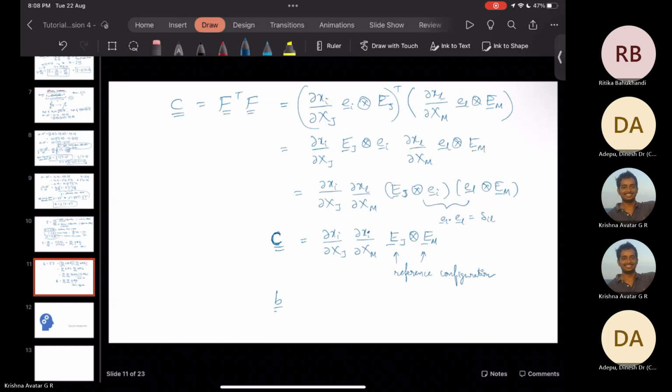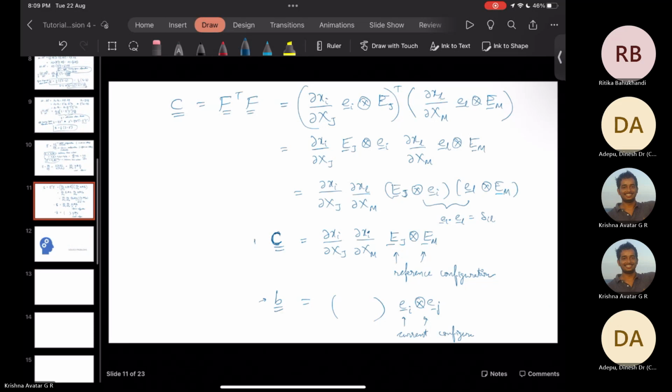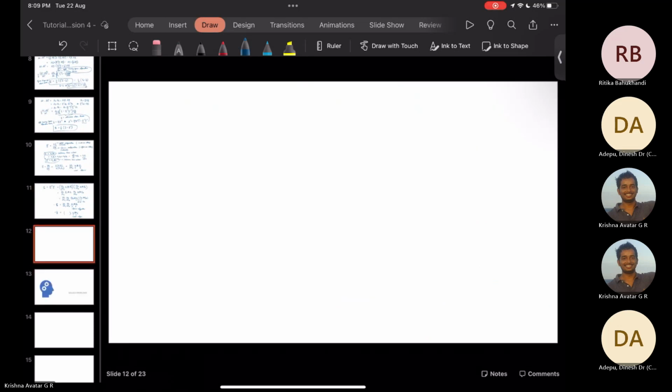However, for B, you will find it has ei and ej, signifying that both the operands on which this tensor product is acting are in the current configuration. So B will be in the current configuration, which is why it's in small letters and this is in capital. This was not covered in the class.